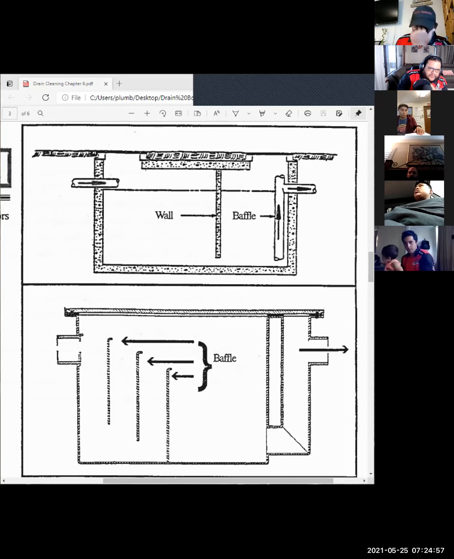What passes through the grease trap before it enters the sewer system? I'll have you guys discuss that, and we'll come back and go over it. What fixtures in a commercial kitchen pass through the grease trap before it is sent into the sewer system?